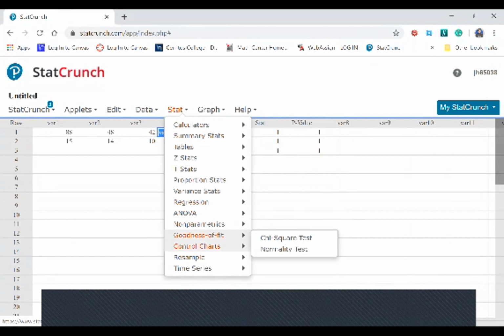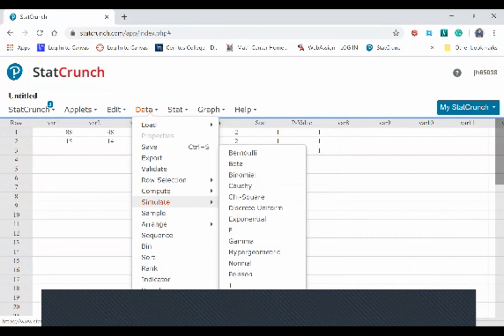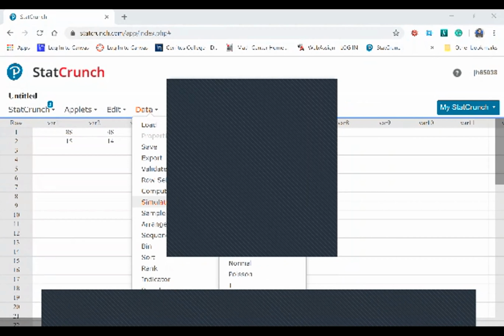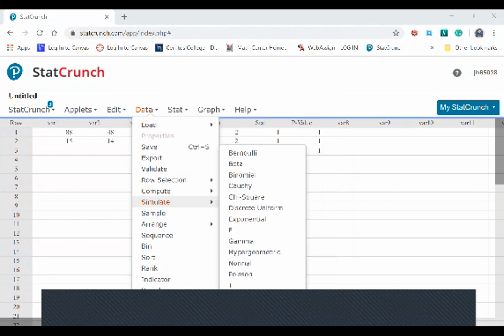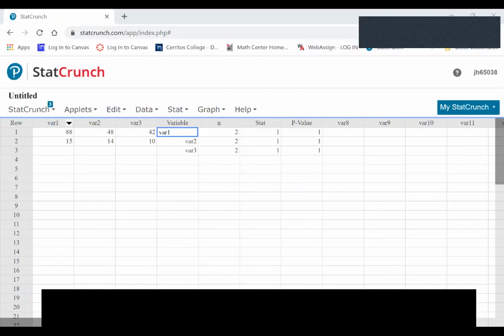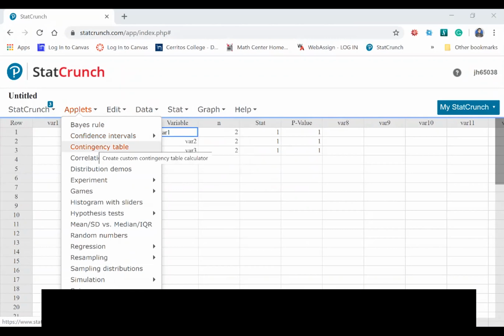Data. Ah, here we go. Applets. Contingency table. Okay, let's see what we got here.